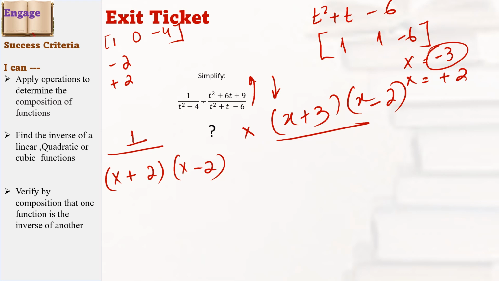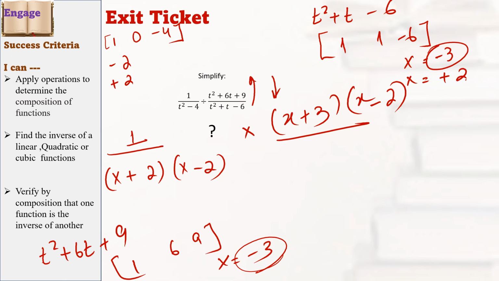For the t square plus 6t plus 9, I will write in the calculator 1, 6 and 9. Now here you will get only one answer, that is negative 3. I told you when you get only one answer in the calculator, it means it has a multiplicity of 2.